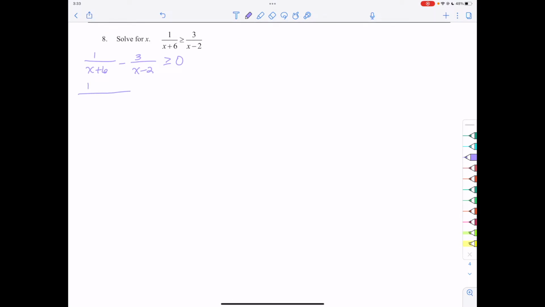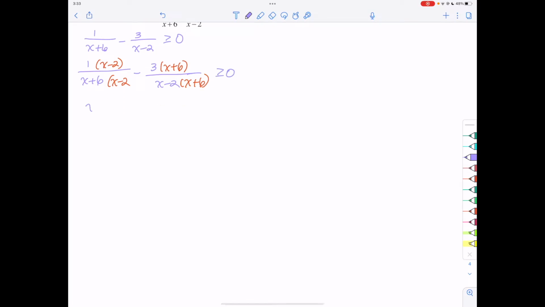So we'll go ahead and have 3, and then we want that greater than or equal to 0.